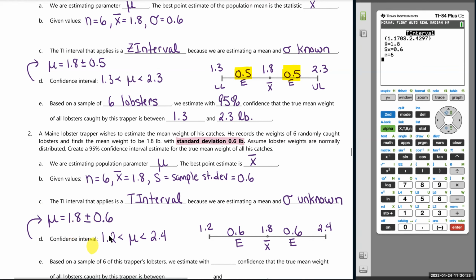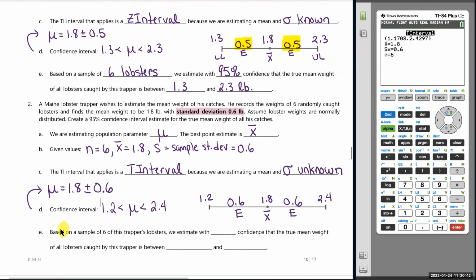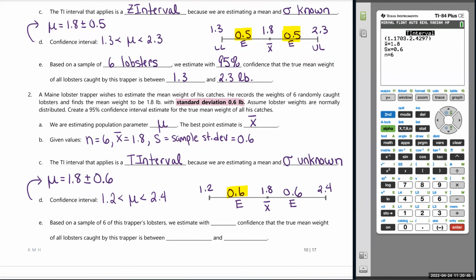All right, so that is the difference, Z versus T. If we don't know something about our population and we have to rely on a sample standard deviation to estimate that sigma, we end up with larger margins of error when we are estimating. So we'll write this sentence to wrap it up. Just going to highlight here. So we got bigger margins of error.